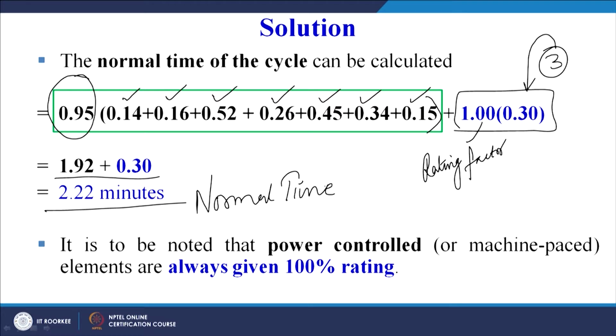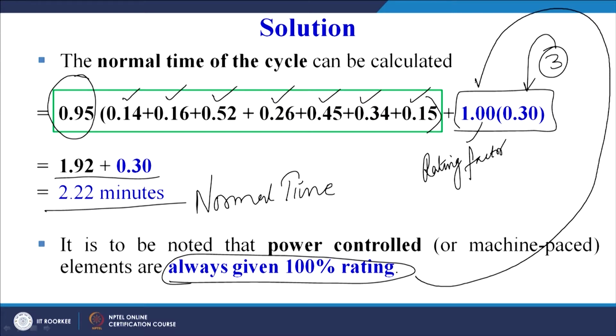It is to be noted that power controlled or machine paced elements are always given a 100% rating. You can see this is the 100% rating which has been given to a power controlled element. So in this way we can calculate the normal time based on the performance rating factor, which we have calculated as a ratio of the two times.